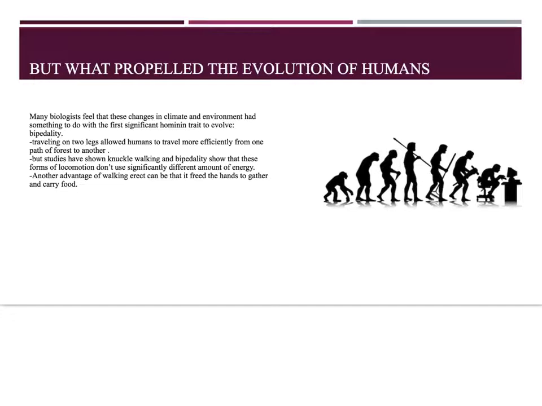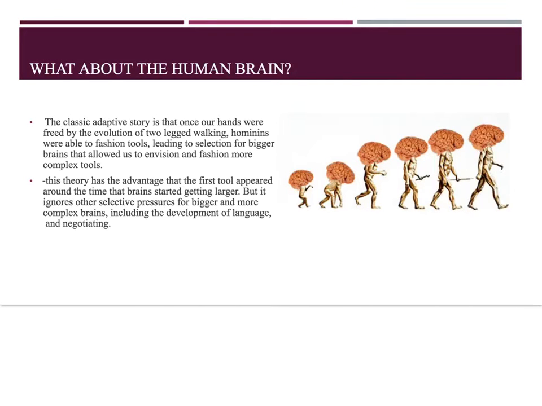Another advantage of walking erect can be that it freed the hands to gather and carry food. But what happened to the human brain? Why did it evolve? Well, our hands were freed by the evolution of two-legged walking.